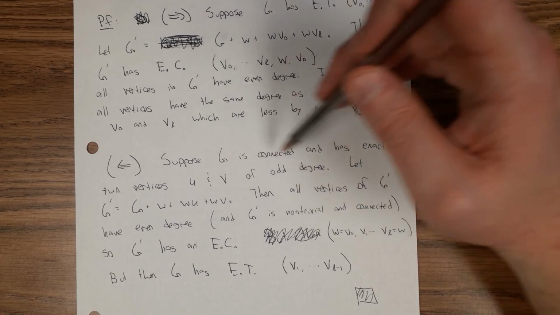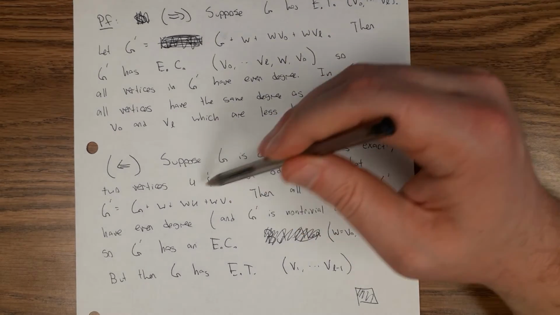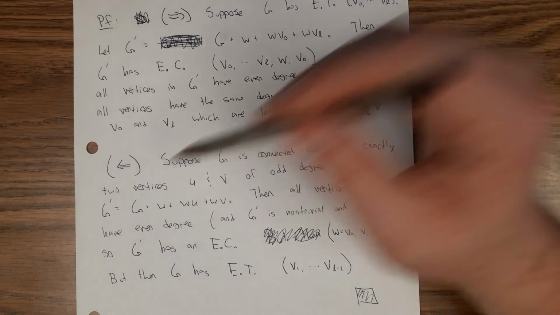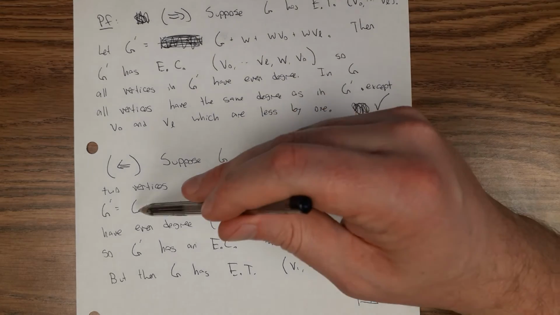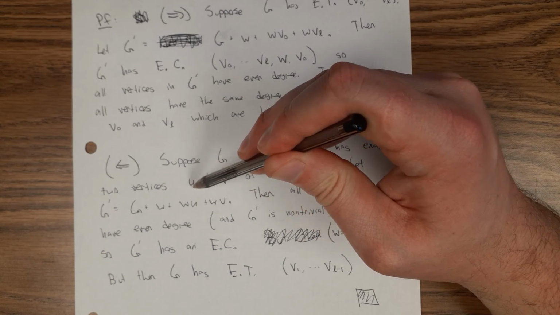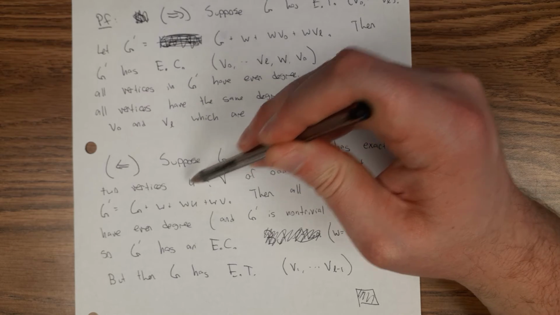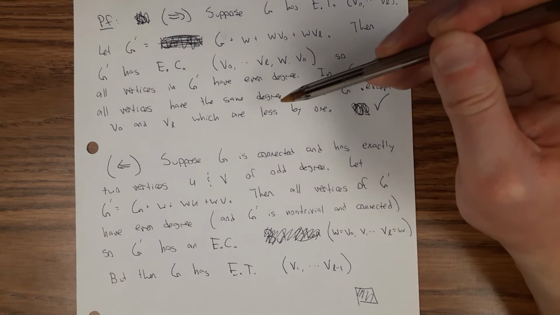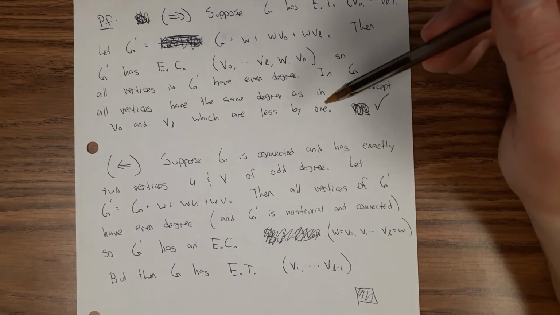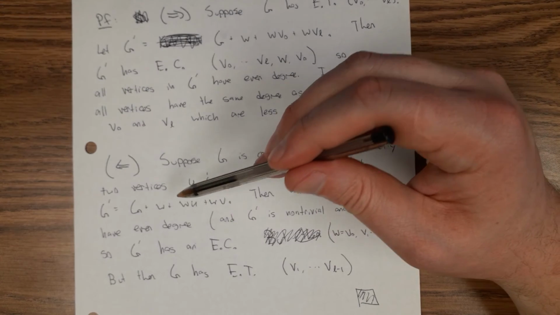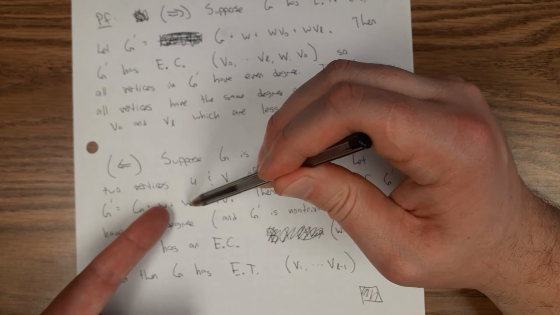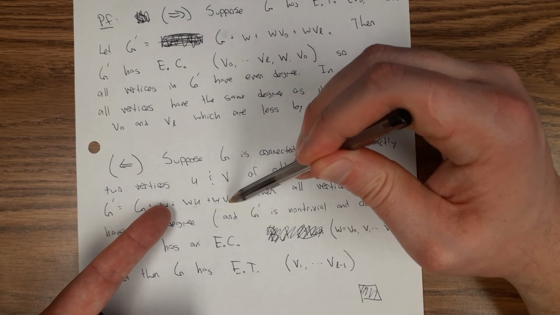So suppose that G is connected and has exactly two vertices of odd degree. Then I'm going to make my G prime again. I'm going to make G prime by adding a new vertex, and I'm going to make it adjacent to this and this. The new graph has all even degrees, right? So what just happened? I added a new vertex, and from the new vertex, I drew edges to two neighbors.